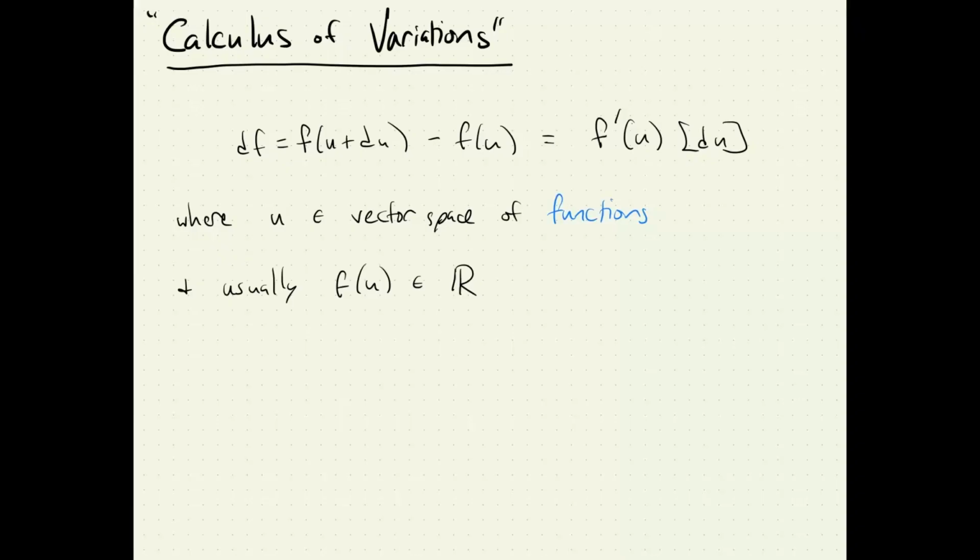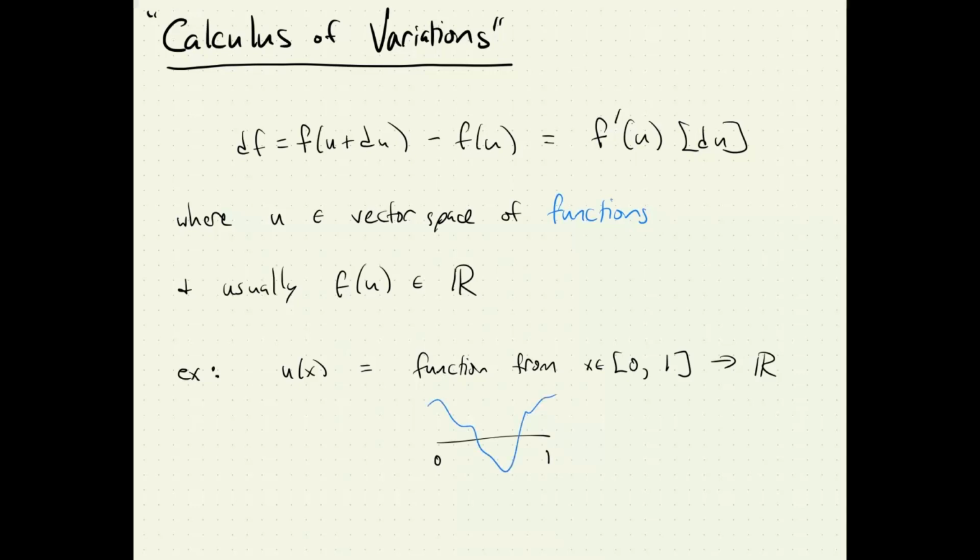So let me just do an example. Let u of x be a function from 0 to 1, where x is in 0 to 1, to real numbers. Here's x equals 0, x equals 1, and u is some function, u of x.